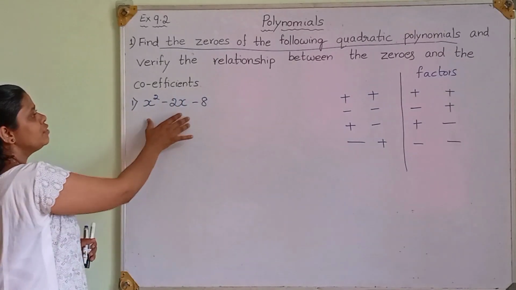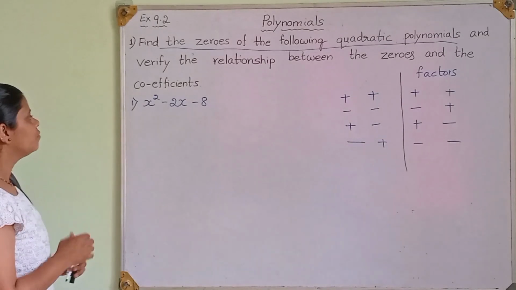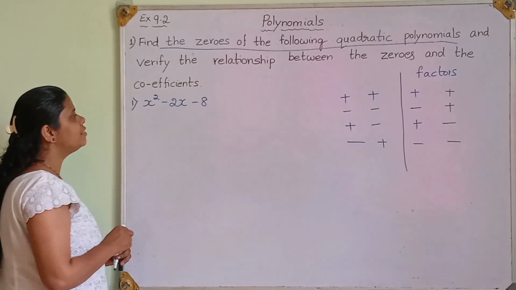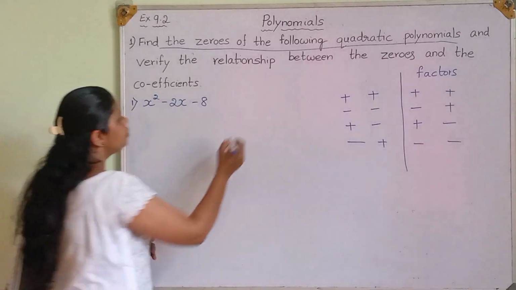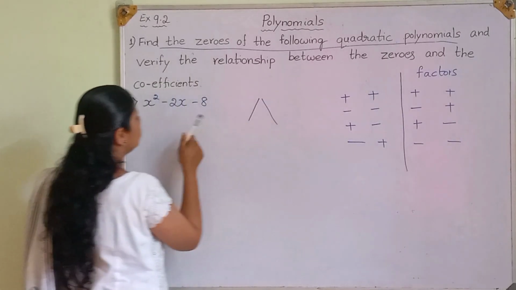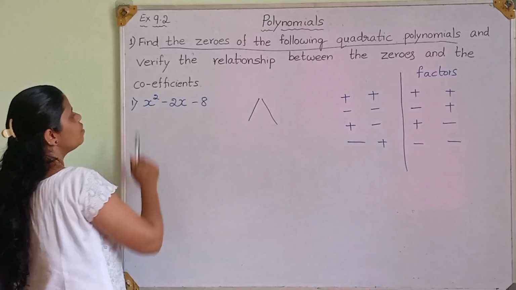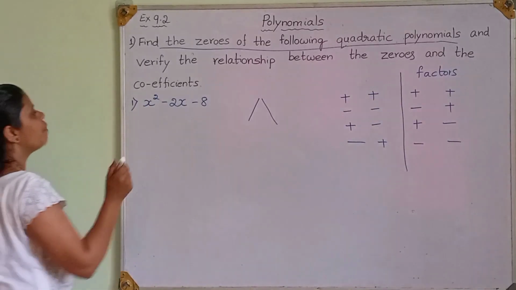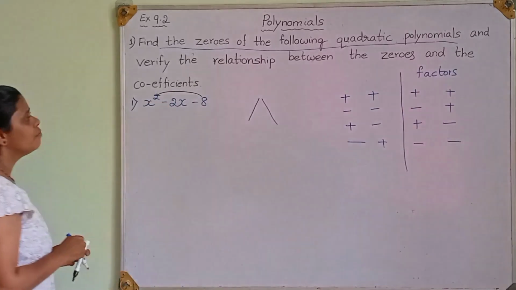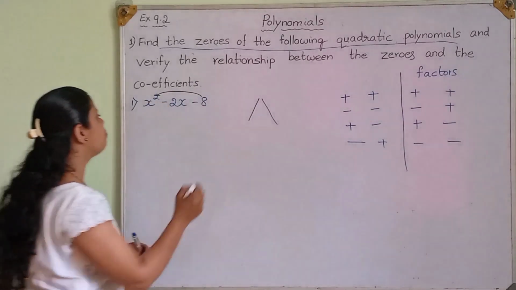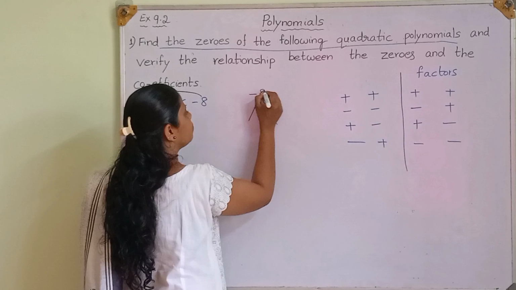Now let us factorize this. We already did this in the 9th standard, but let me do it here. See here, what will we do? We multiply this one and this one: minus 8 and x square. Minus 8 into x square is minus 8x square.